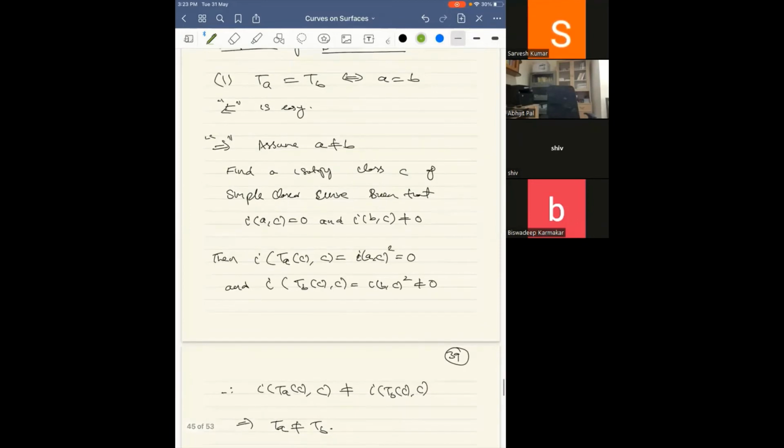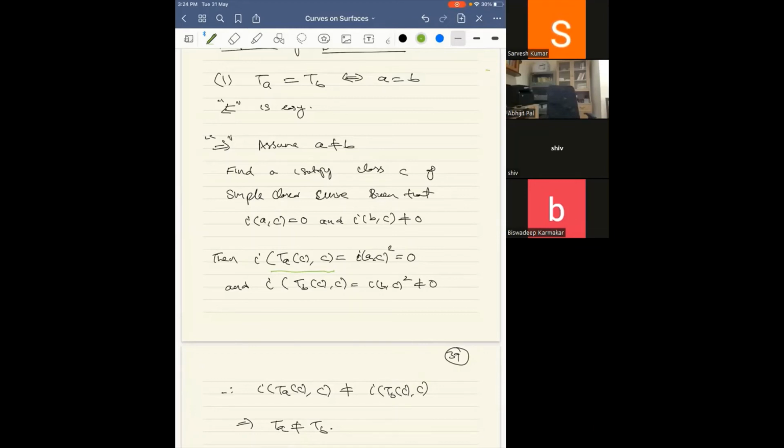So if this happens, then you can see the action of T_a and T_b is different on isotopy classes. Let's see why. You just look at this calculation. What is the geometric intersection number of T_a(c) and c? Here k is 1, and by that formula it is simply i(a,c) squared.